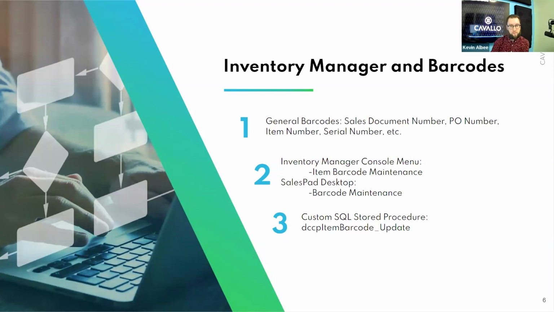So the next thing to reference is our custom SQL stored procedure. For anyone who's not as familiar with the SQL or technical side of things, within the database we have these procedures. There's one specifically called the DCCP item barcode underscore update. What you can do is set up the stored procedure to look at different parts of the database to do these translations for you.